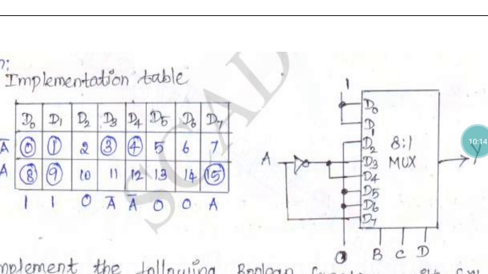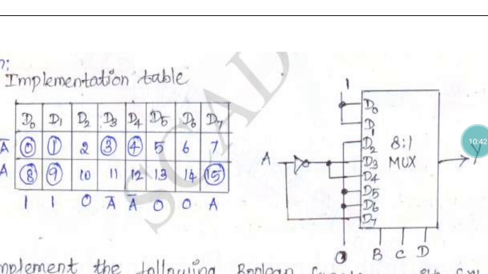The remaining three input lines, D2, D5 and D6, are connected together and connected to 0. Then D7 will be connected with A. D3 and D4 are connected together and connected with A bar.